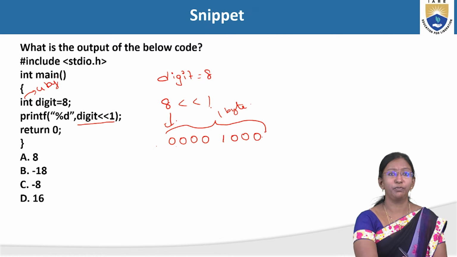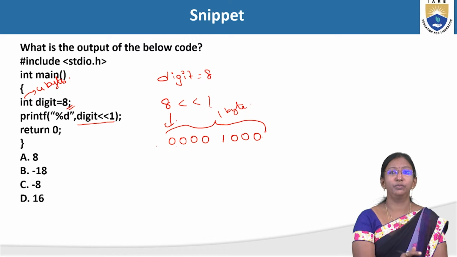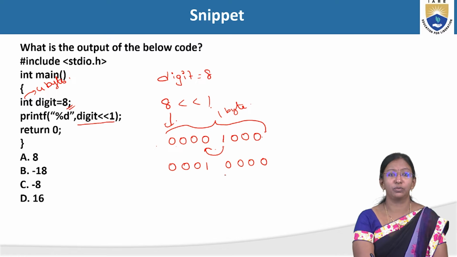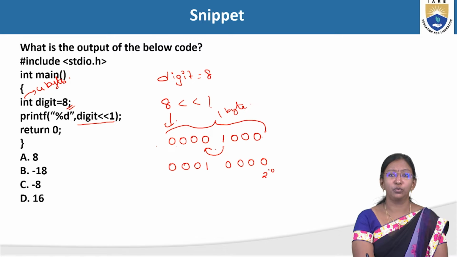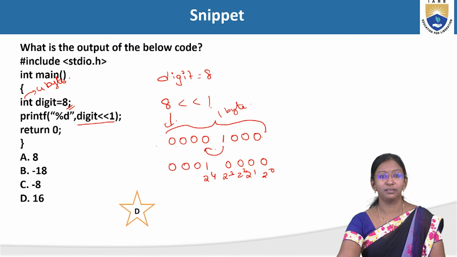The total size will be 4 bytes, and as they have initialized it to 8, except for the first 4 bits, all the remaining will be zeros. As I have said to move left, this one is going to move. So the resultant after shifting is 0 0 0 1 0 0 0 0, and the last will be filled with zeros. Now convert this again into the decimal number system. So 2 power 0, 2 power 1, 2 square, 2 cube, 2 to the 4. 16 is the answer, right?